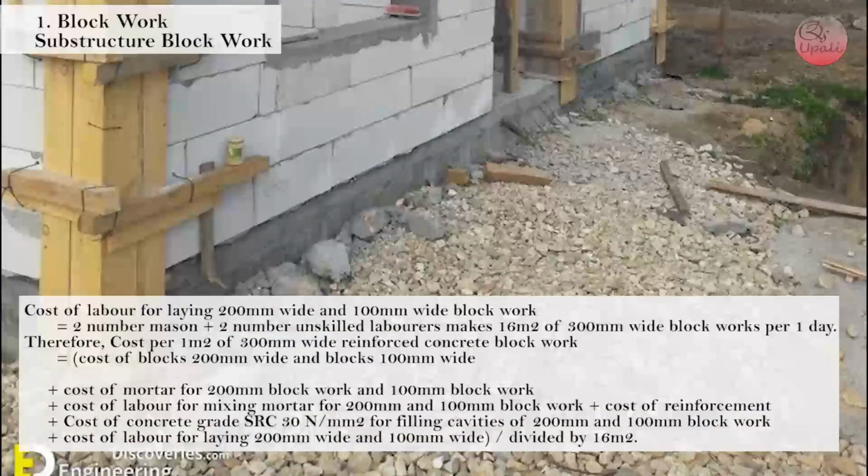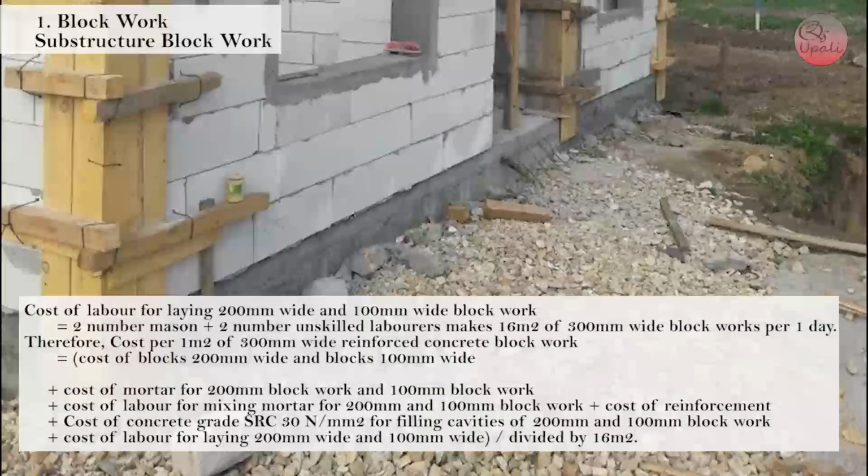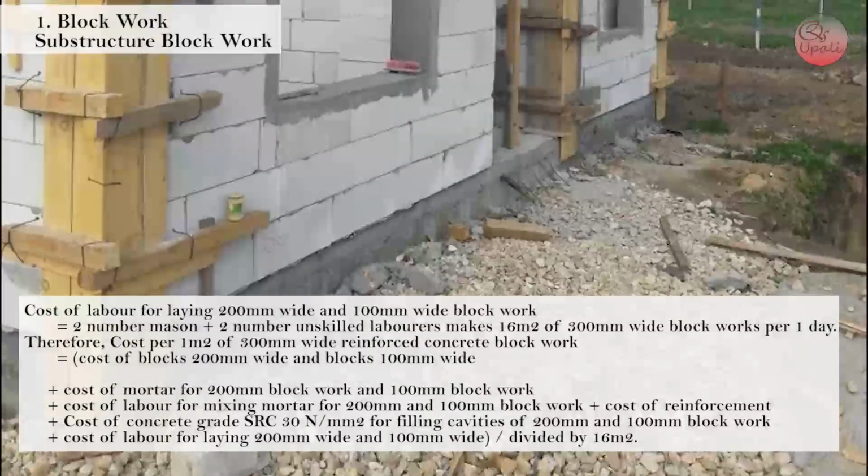2 number mason plus 2 number unskilled laborer make 16 meter squares of 300 mm wide block work per 1 day.